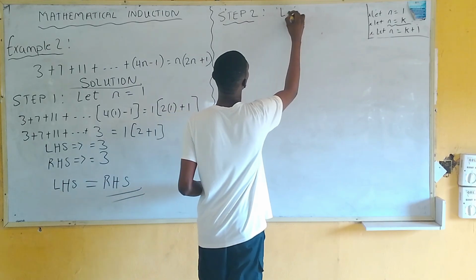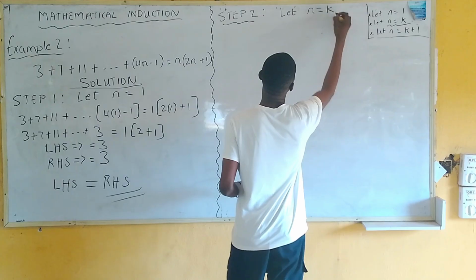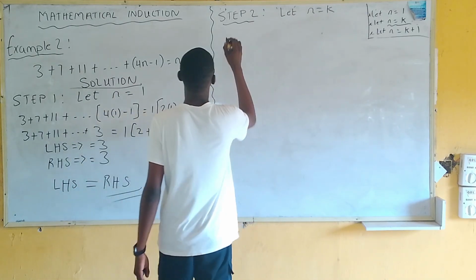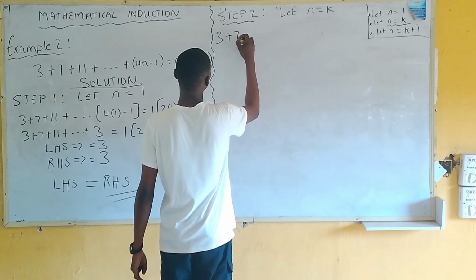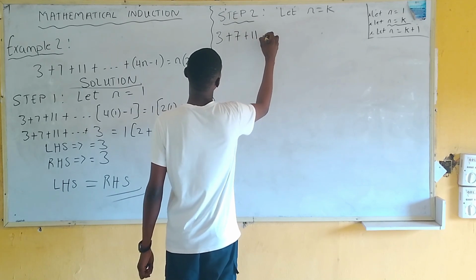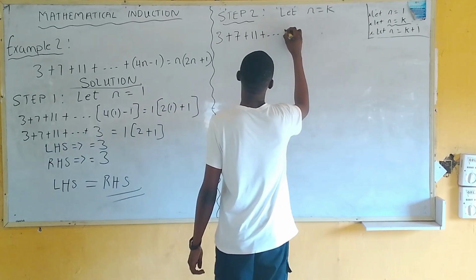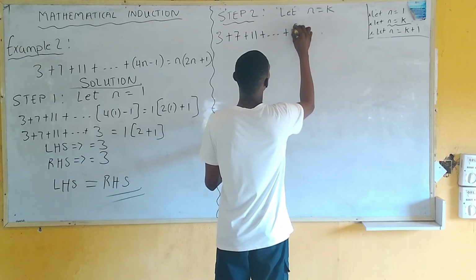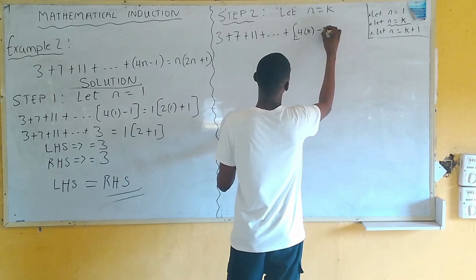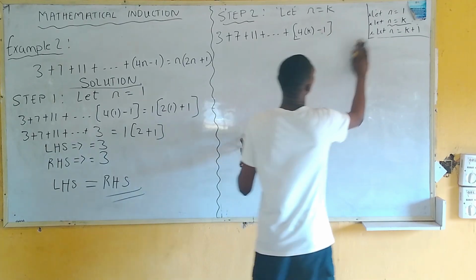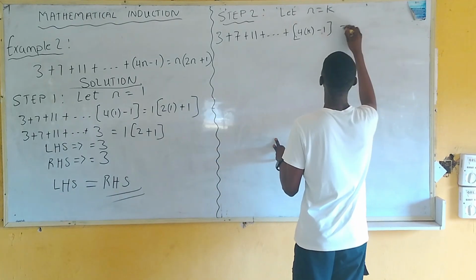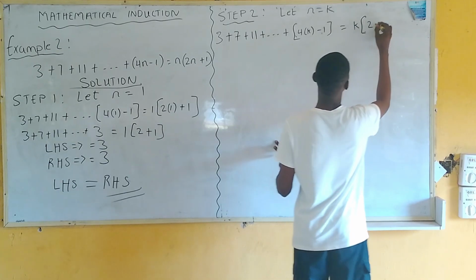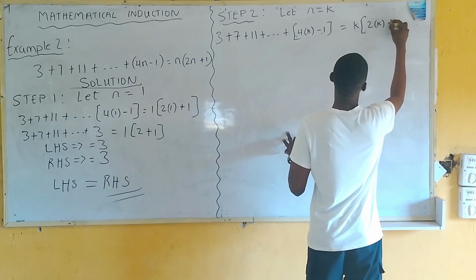Let n be equal to k. So if n is equal to k, what do we have? Let's move together now: 3 plus 7 plus dot dot dot plus (4k minus 1) is equal to k(2k plus 1).